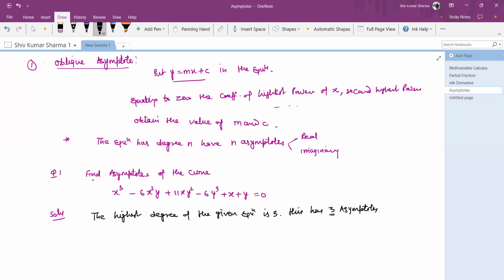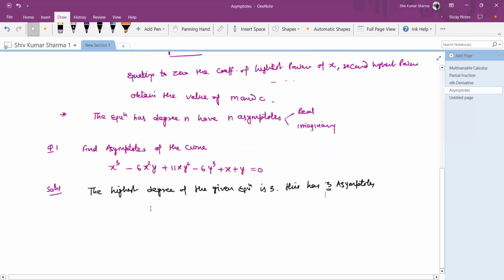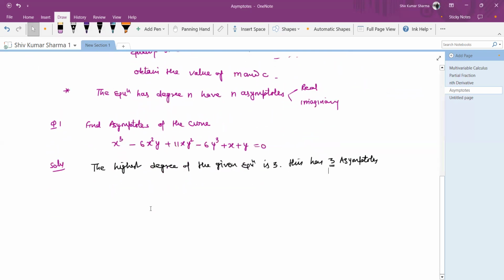To get the asymptotes, we use the traditional formula. We put y equal to mx plus c, and consider this as equation number 1.